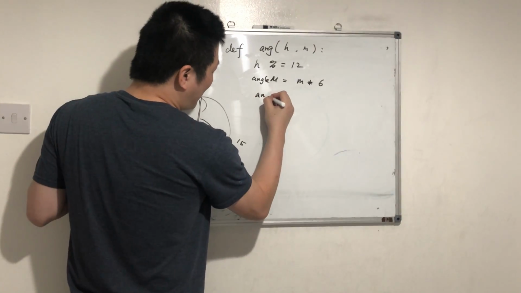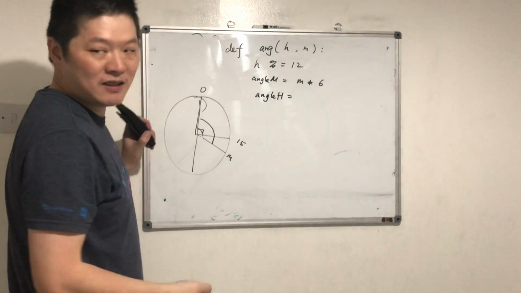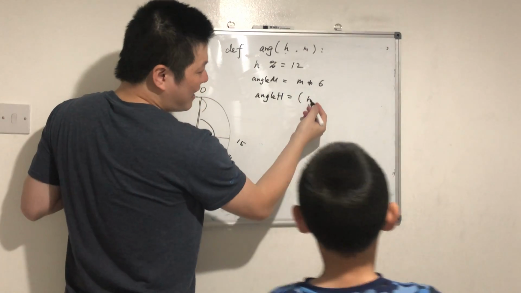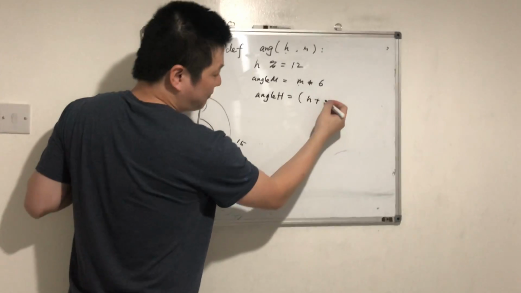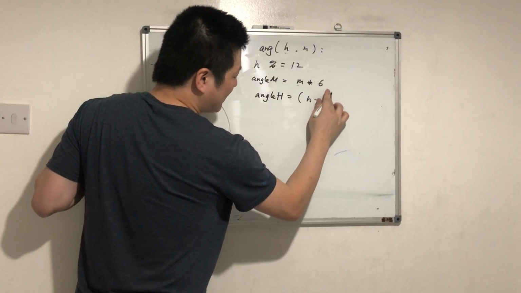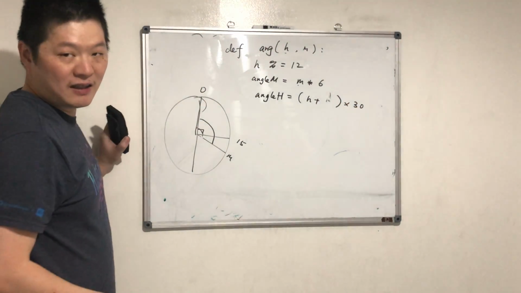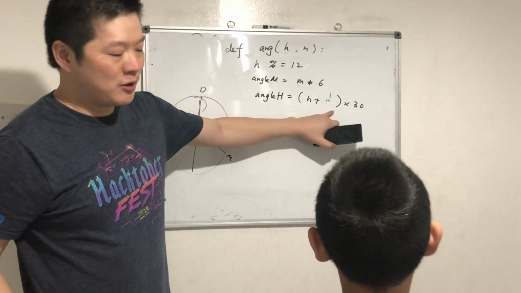Angle hour equals, we know it's hour, but we need to plus with m times 30. Plus what? Can you explain what's here? What's your equation?